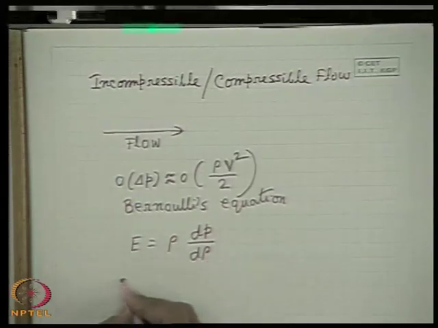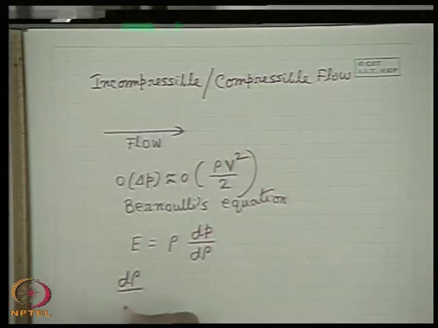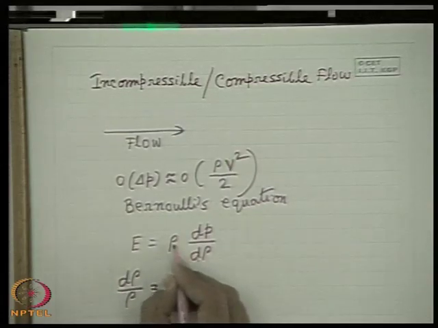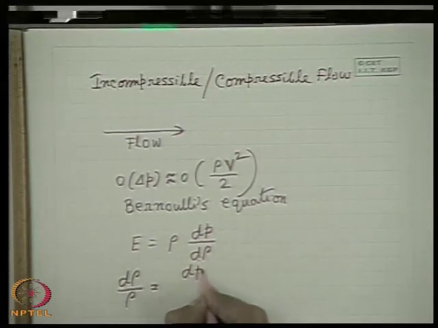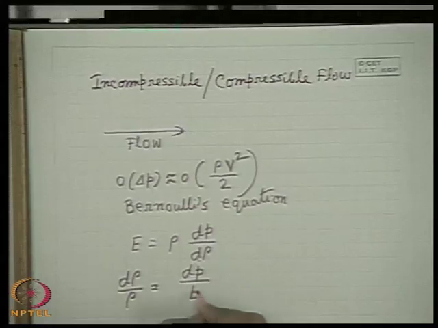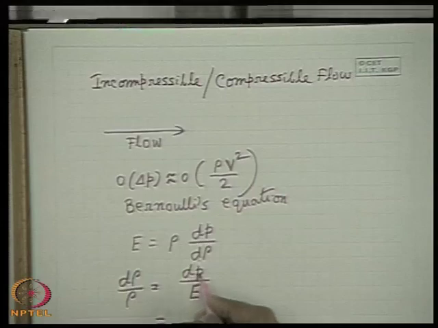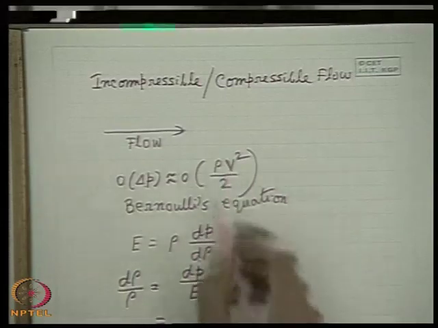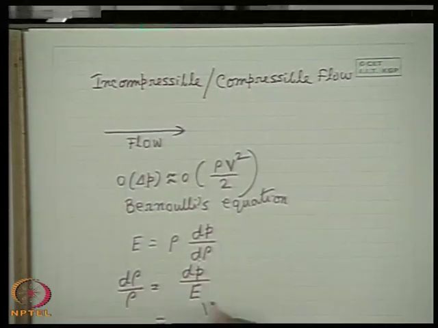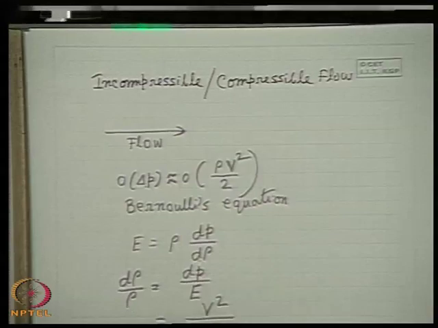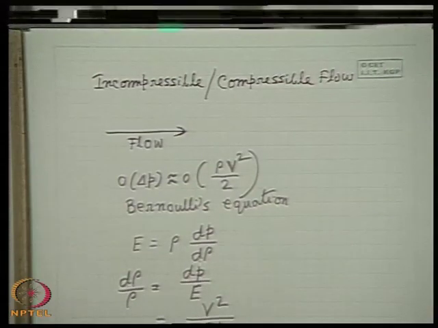So therefore we can write d rho by rho from this equation is dP by E simply, and this dP is delta P, the same thing, the change in pressure, written in differential form. I just substitute this will be V square by 2 E by rho.